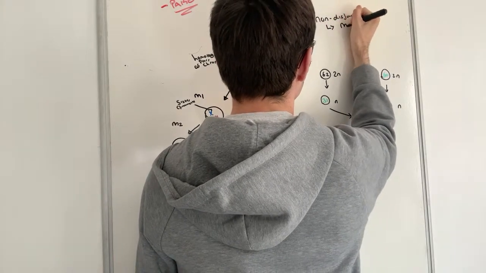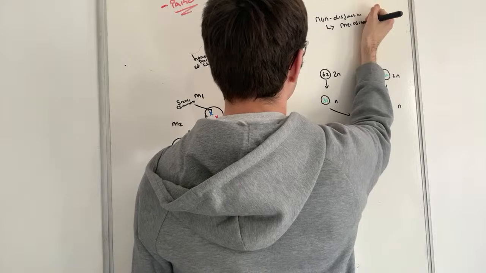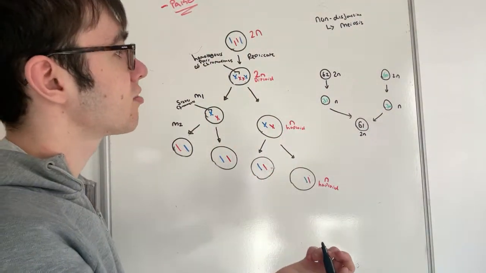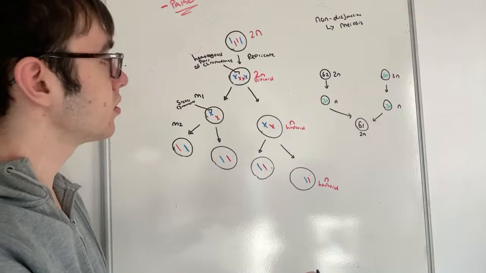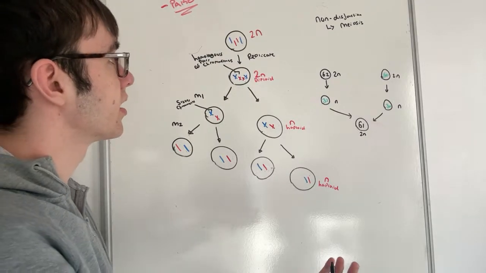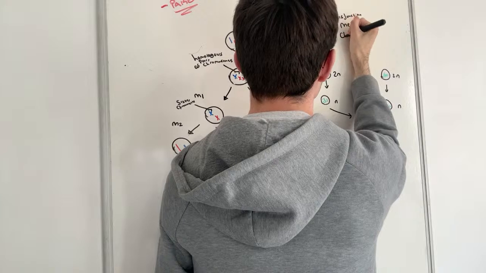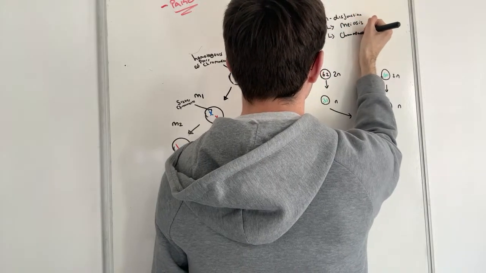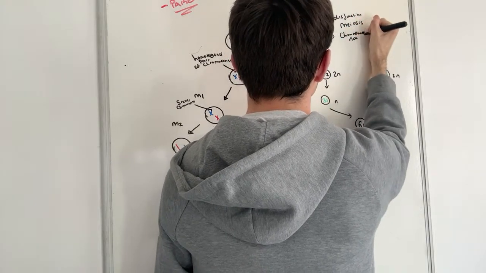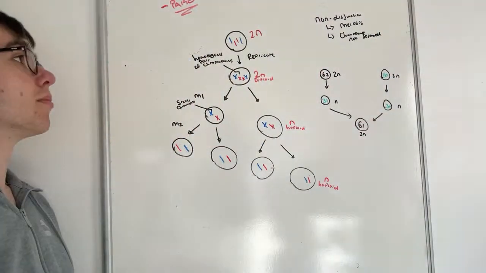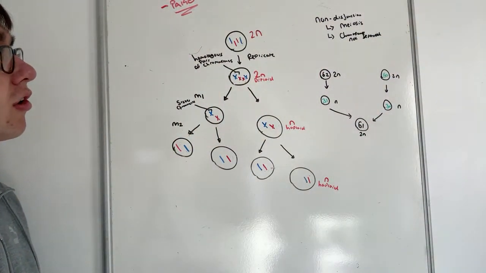Non-disjunction is in meiosis, which is easy enough to know. You shouldn't have to drill that into your head. It should just come. It's where the chromosomes are not separated. So, I might have gotten a mark just for saying non-disjunction.